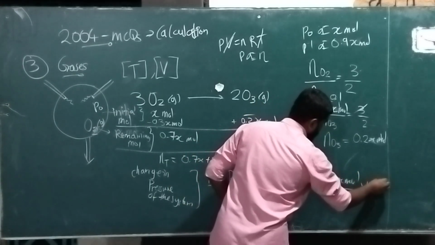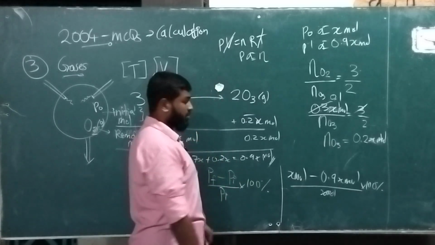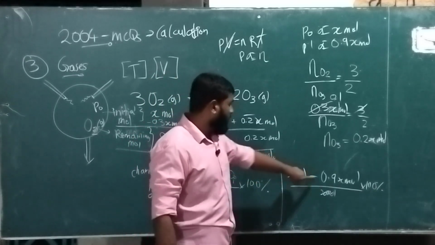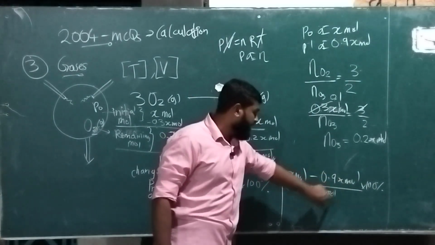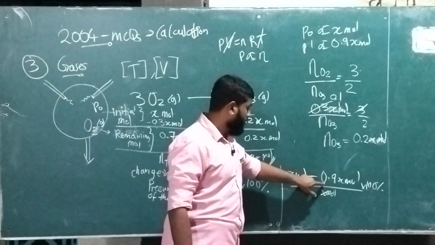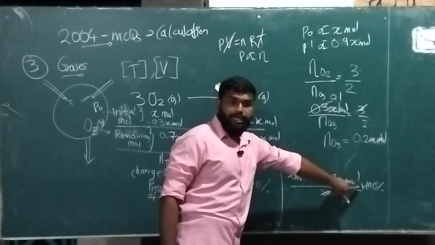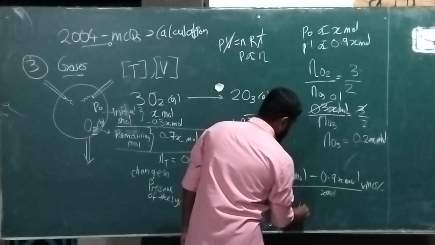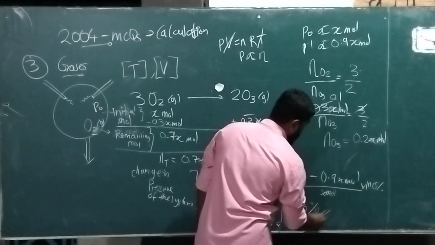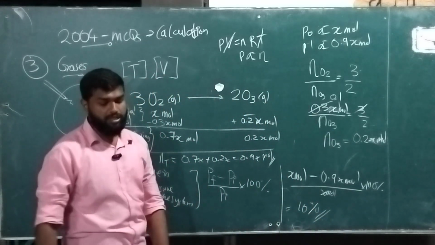Then for 100%, so simple maths: 1 minus 0.9 is 0.1. x and x will get cancelled here. 0.1 into 100, you are going to get 10%.